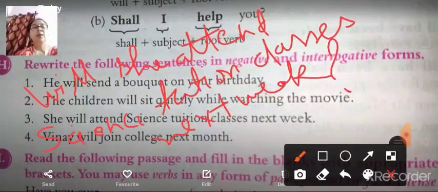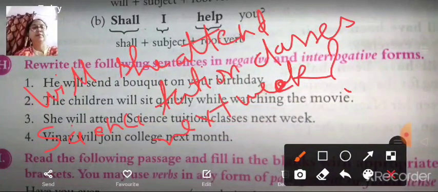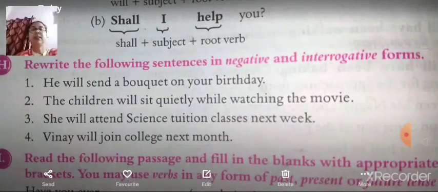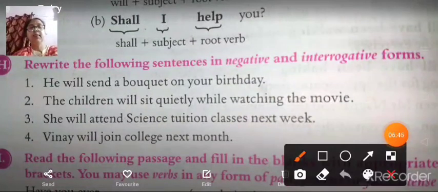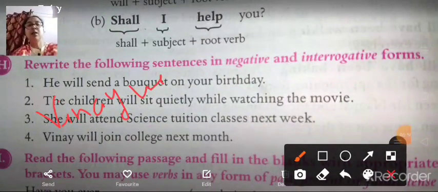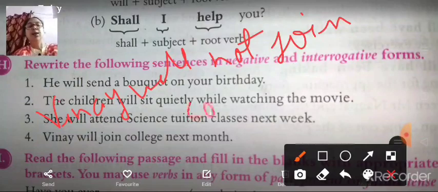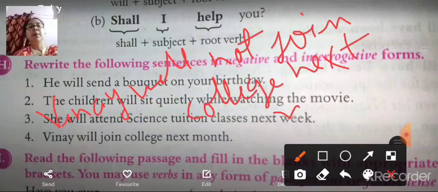Question mark will be placed. Now last sentence, Vinay will join college next month. Now first of all we are going to make it negative. Vinay will not join college next month.